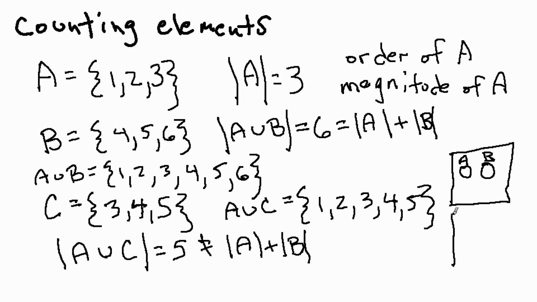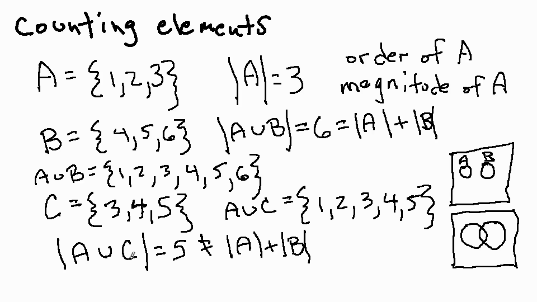But if they are not disjoint sets, if they overlap, if I add the number of elements in this set and I add the number of elements in this set, you can see that what I've done here, the intersection, which is right in here, I've added that twice.